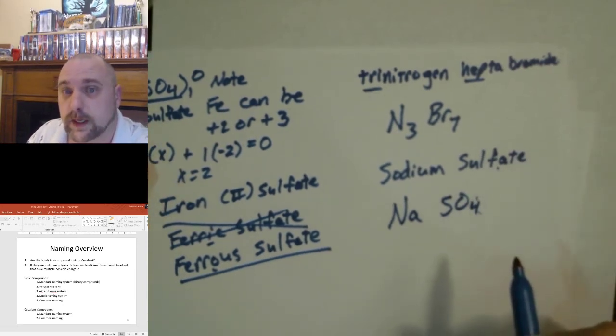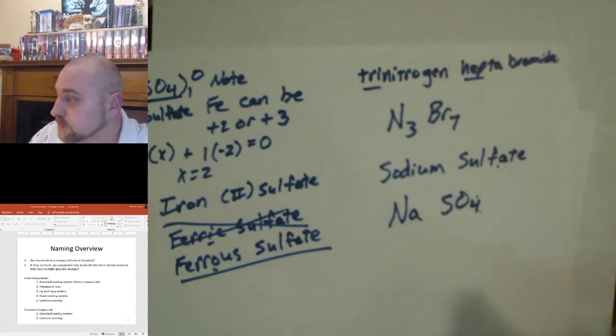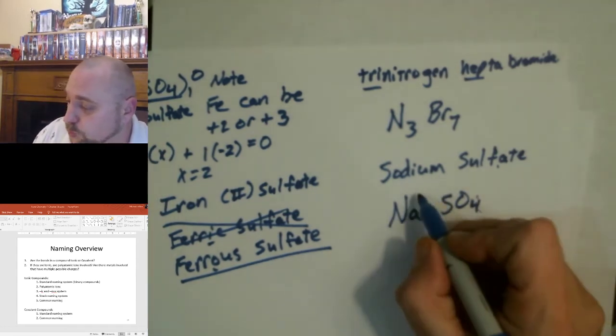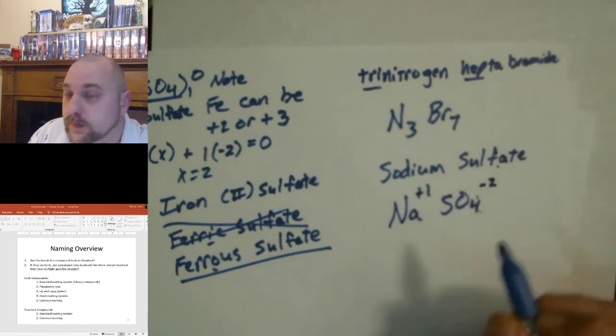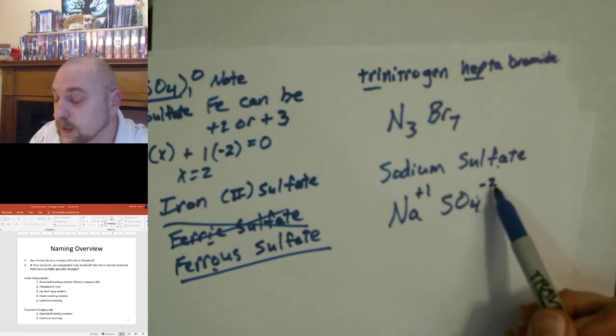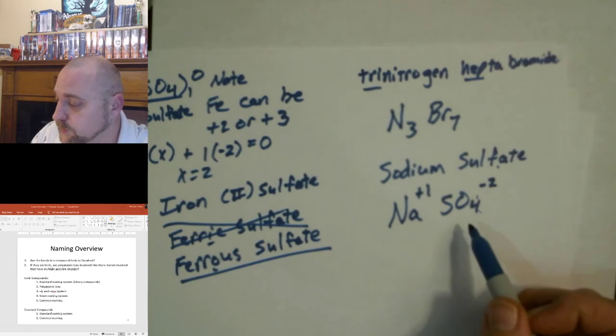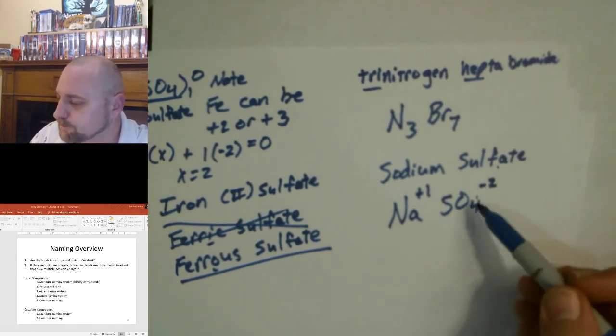This -ate, it's a nice giveaway that it's a polyatomic ion. So I'm going to find sodium. It's in group 1, so it's a +1. Sulfate, we had to memorize, it's a -2. So don't forget, you'll need the name, the formula, and the charge all memorized for table 3.3, the ones in red.